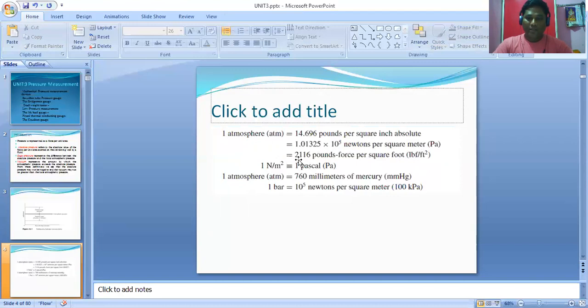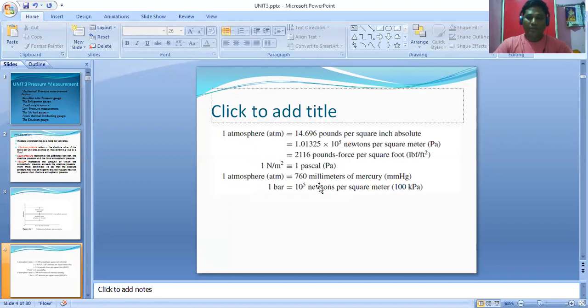That is 1.01325 times 10 power 5 Newton per square meter, that is the Pascal. It is equal to 2116 pound force per square foot. Then 1 Newton per square meter is equal to 1 Pascal.